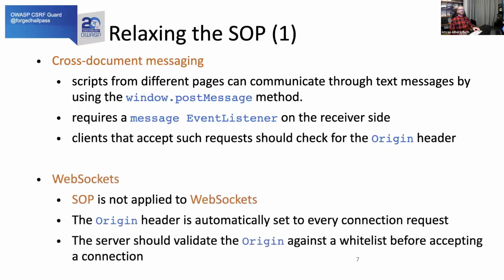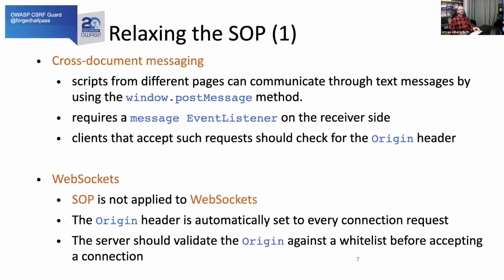There's also WebSockets. Again, the SOP is not applied to WebSockets, and it's worth mentioning again that the origin header is part of the forbidden headers list, which means that scripts cannot actually modify it or set it explicitly.